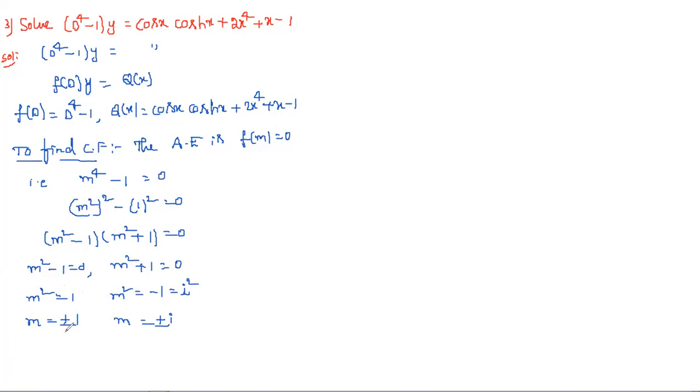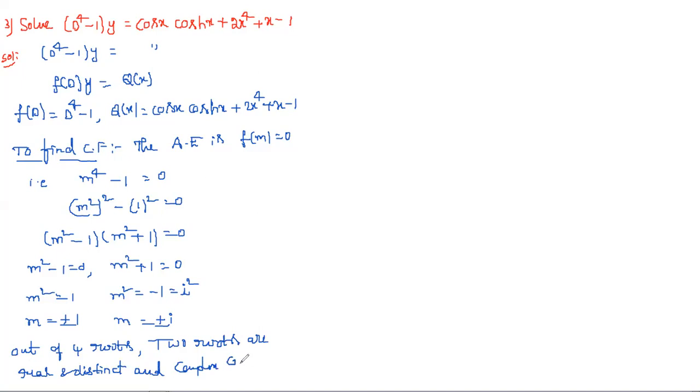For that, here it is +1, -1, and plus or minus i. Total 4 roots we got, right? Out of 4 roots, 2 roots are real and distinct, and the rest are complex conjugate.